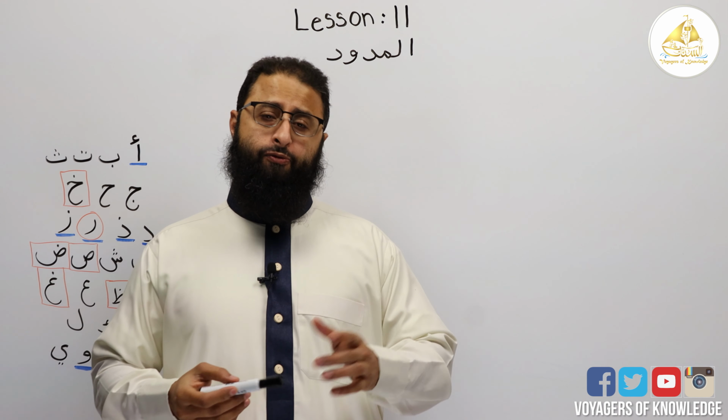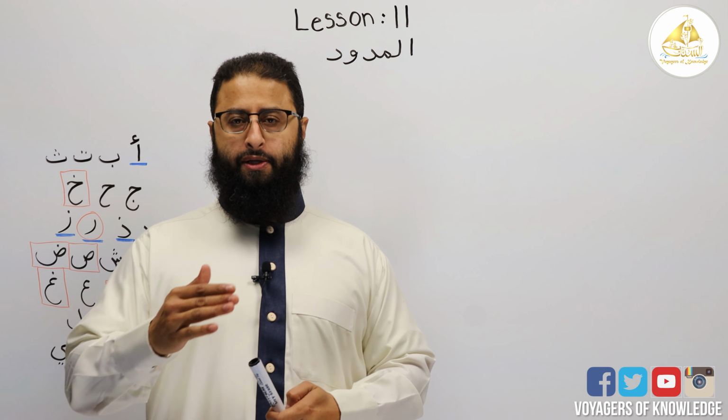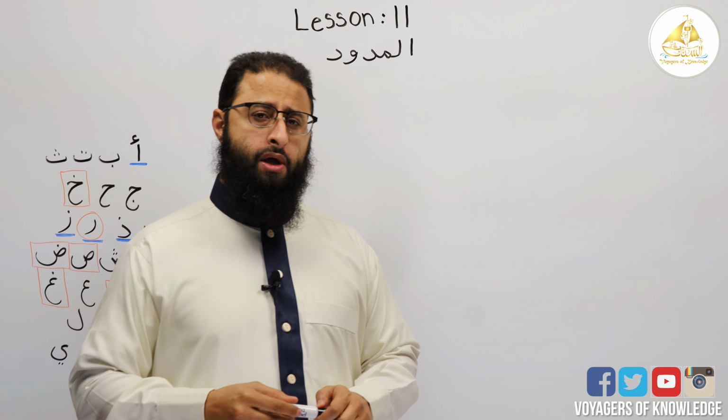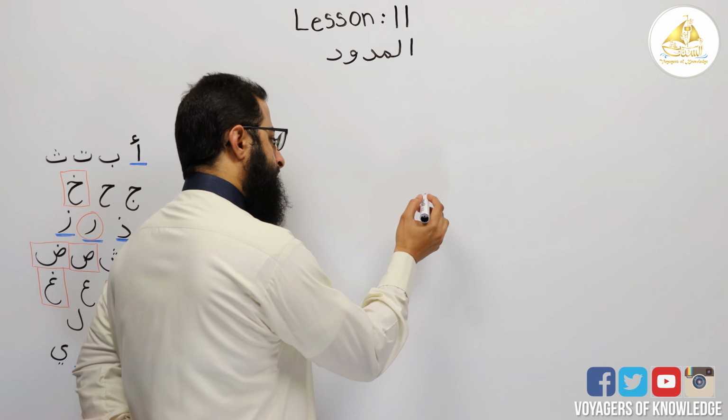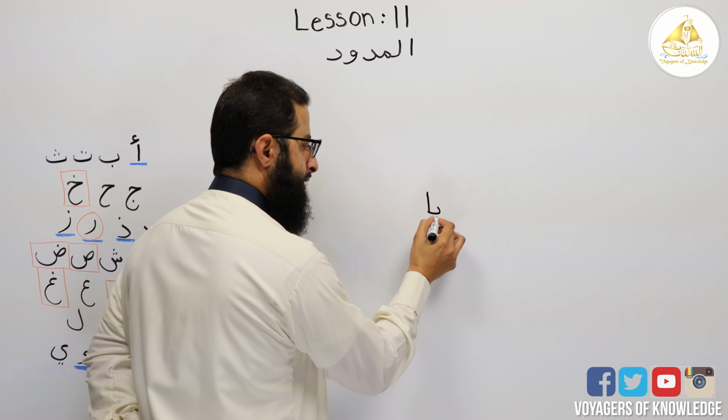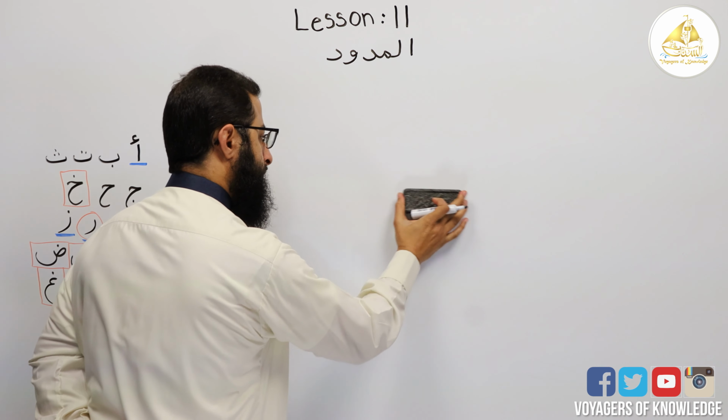Okay, before we begin with the next part of the video, which is reading words that have vowels, set one, I want to remind you really quick what you're doing. Let's just take this word for example.